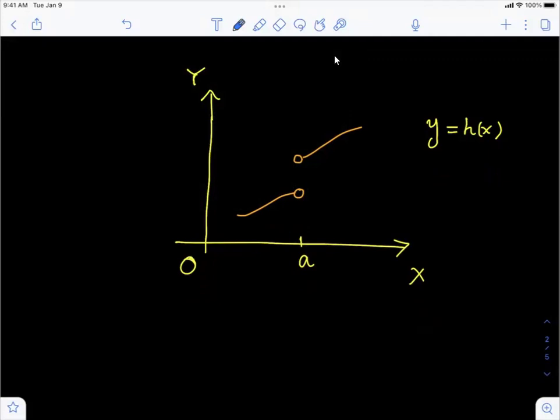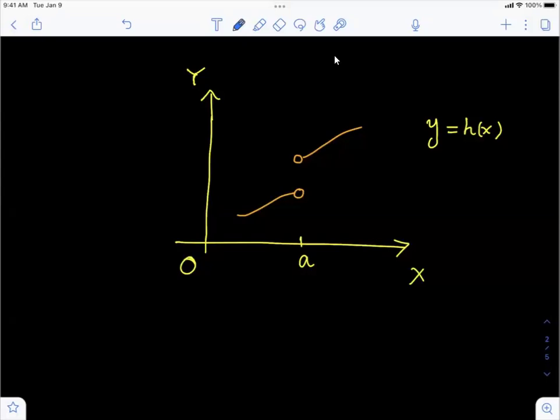So now this particular scenario is associated with another function h of x, and you can clearly see the behavior of this function. At a, you do have a break of this function, and this particular break can be viewed as a jump. And the function is not defined.